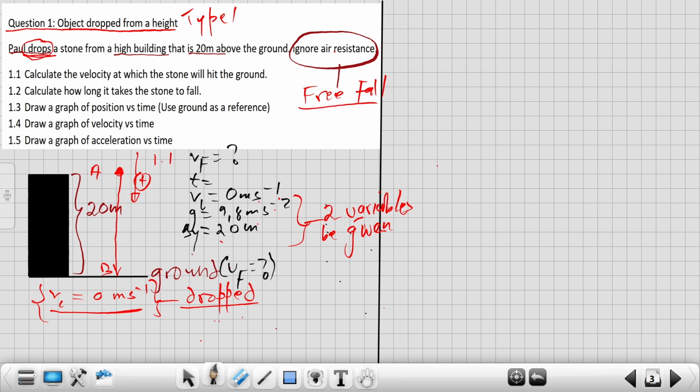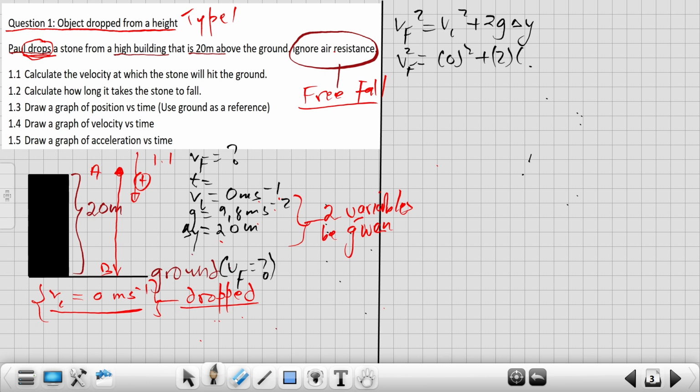Going back to my equations, the only applicable equation here should be Vf squared is equal to V initial squared plus 2G delta Y. Then do I have all the information that I need? Yes, I have V final squared, V initial 0 plus 2G.